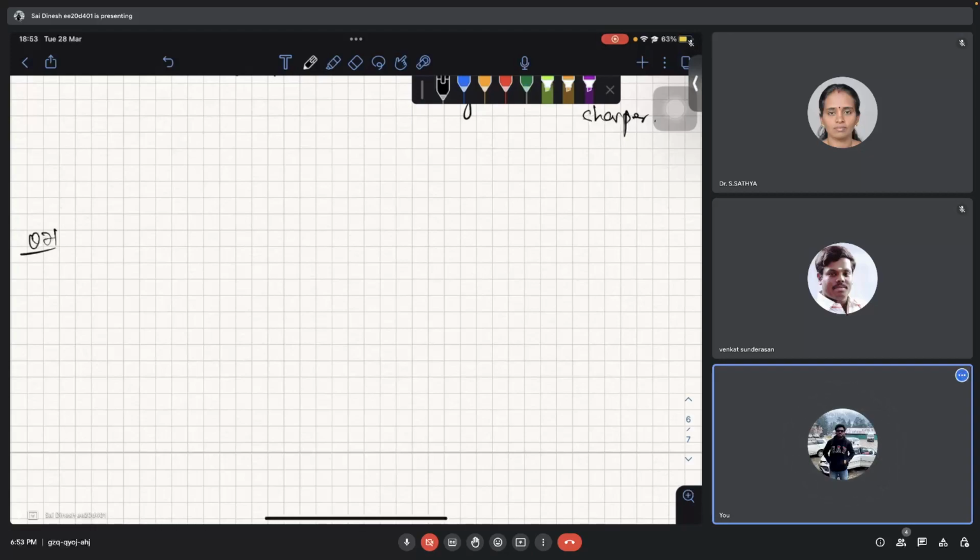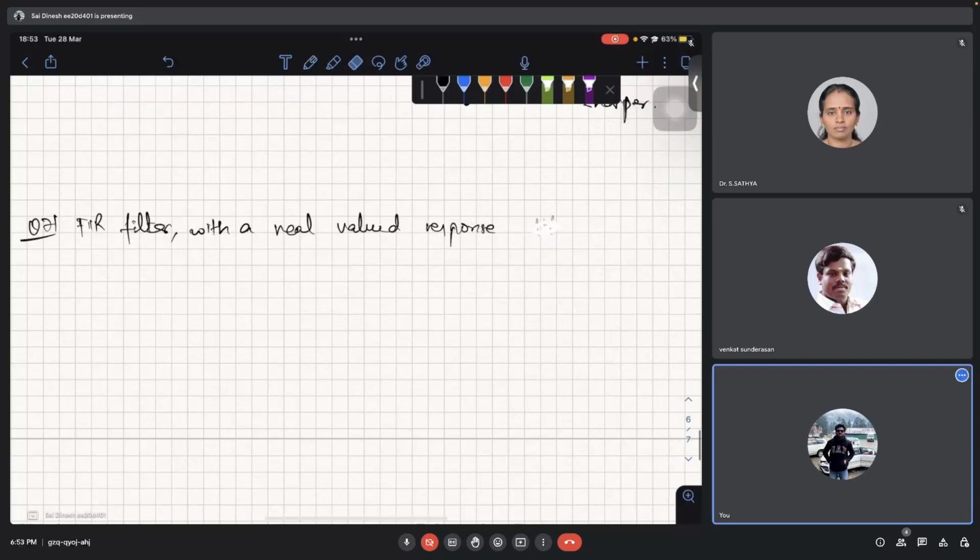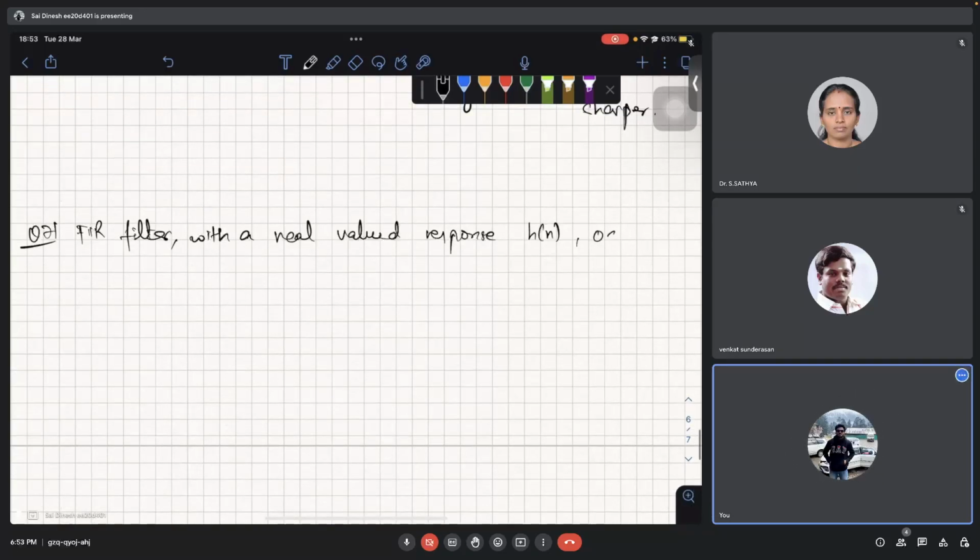Now consider an FIR filter with a real valued response h of n, that is defined in 0 less than or equal to n less than or equal to N minus 1.